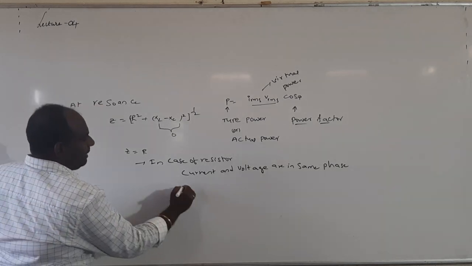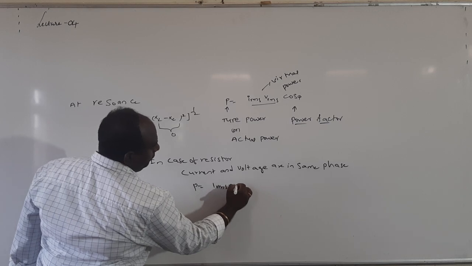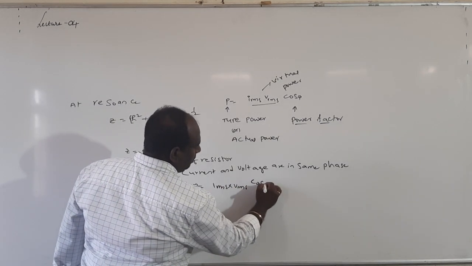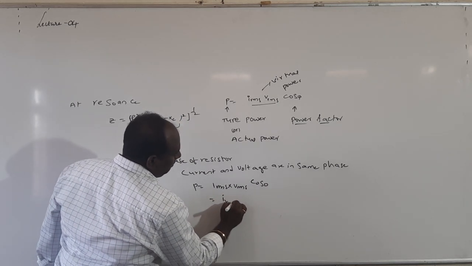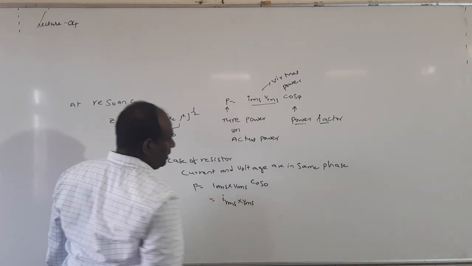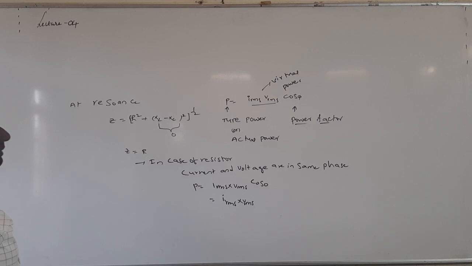So what is the power drop across the resistor? P is equal to IRMS into VRMS, since both are in the same phase and cos phi is 1. So that is IRMS into VRMS. This is the power drop across the resistor.